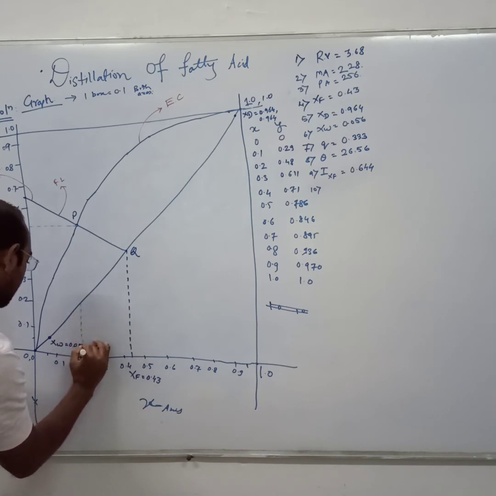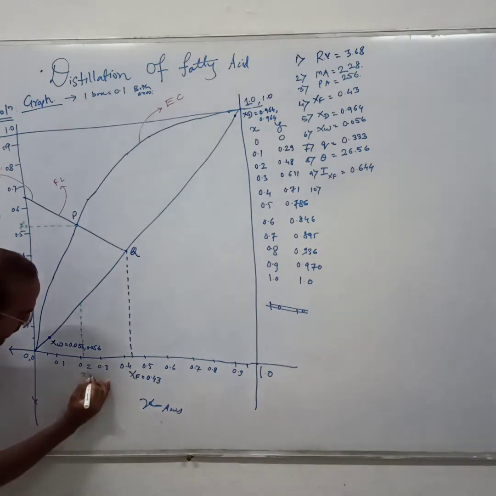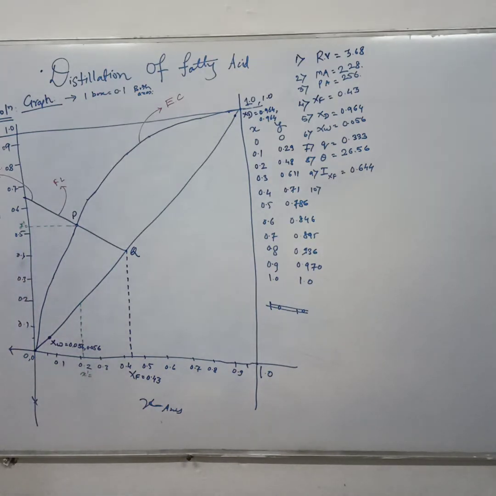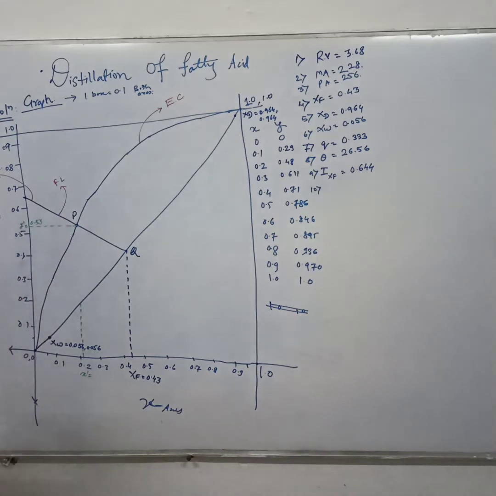So somewhat I get this type of value, and this actually gives us a value of y dash and a value of x dash. The value of y dash I am getting is 0.53, and the value of x dash is 0.24.